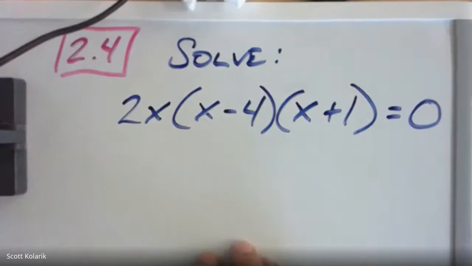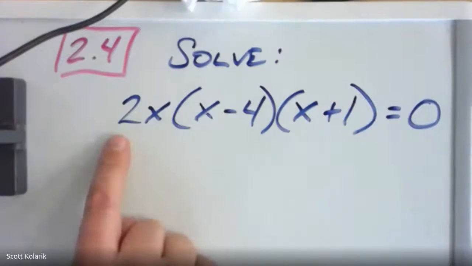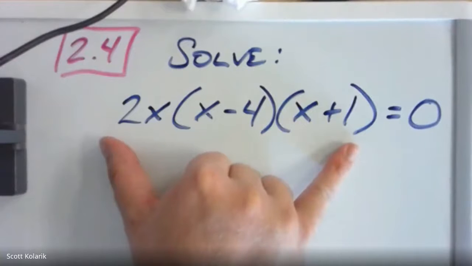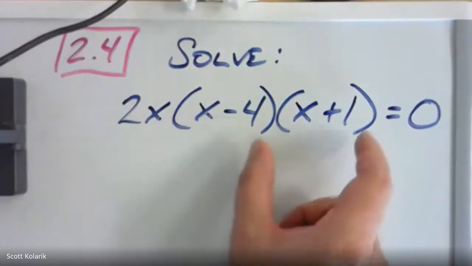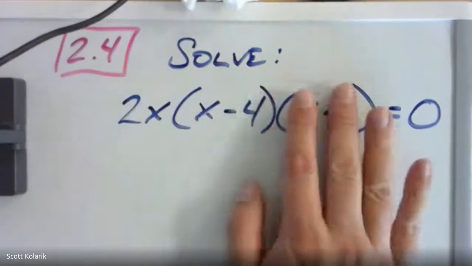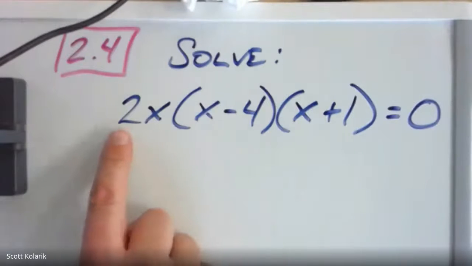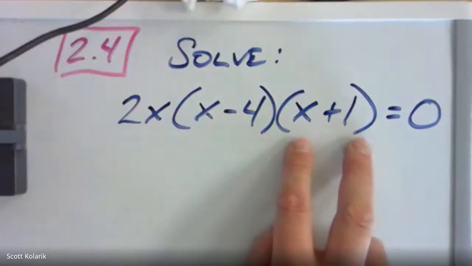Okay, so this is a factored polynomial. I know it's factored because technically this is a single monomial, because I have an object times an object times an object. This is all technically one object. This is a monomial now, but it is a factored form of a greater polynomial. And again, I can tell factored things because they have these parentheses.